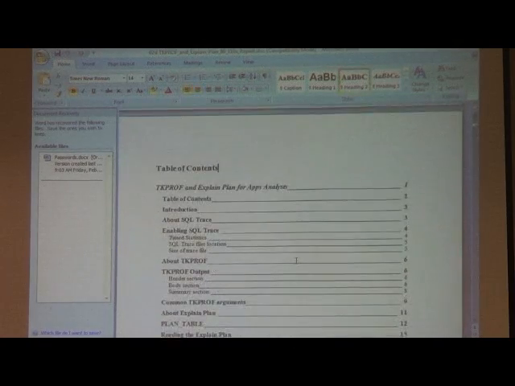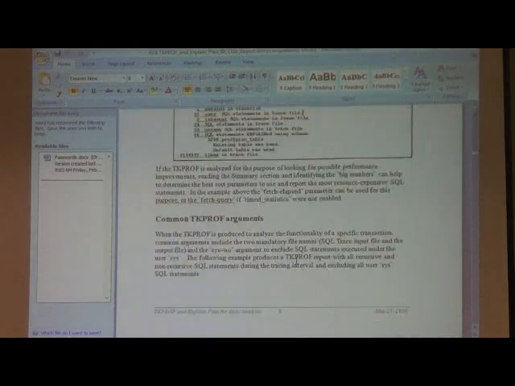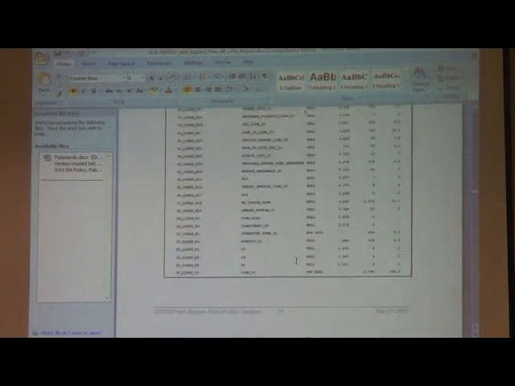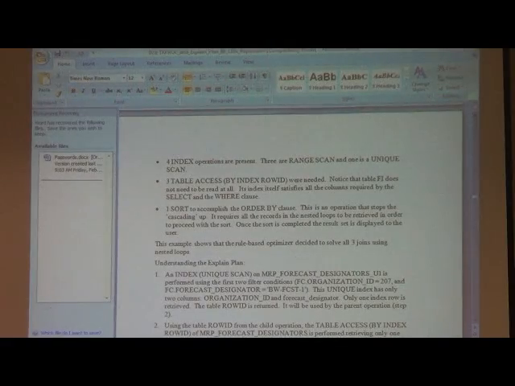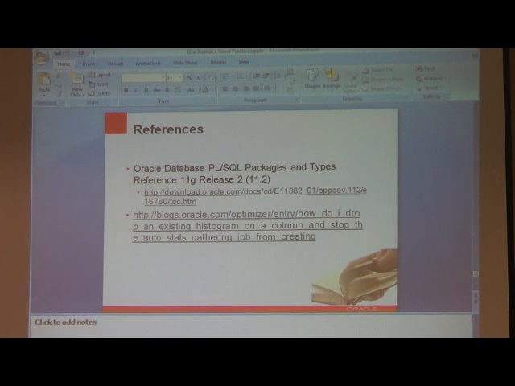It covers how we read the execution plan, the different columns on the plan, and then it goes through examples of how we interpret the execution plan. All those documents are included. Whenever we say we have the reference, the document is also there. So with that said, we finished this section.